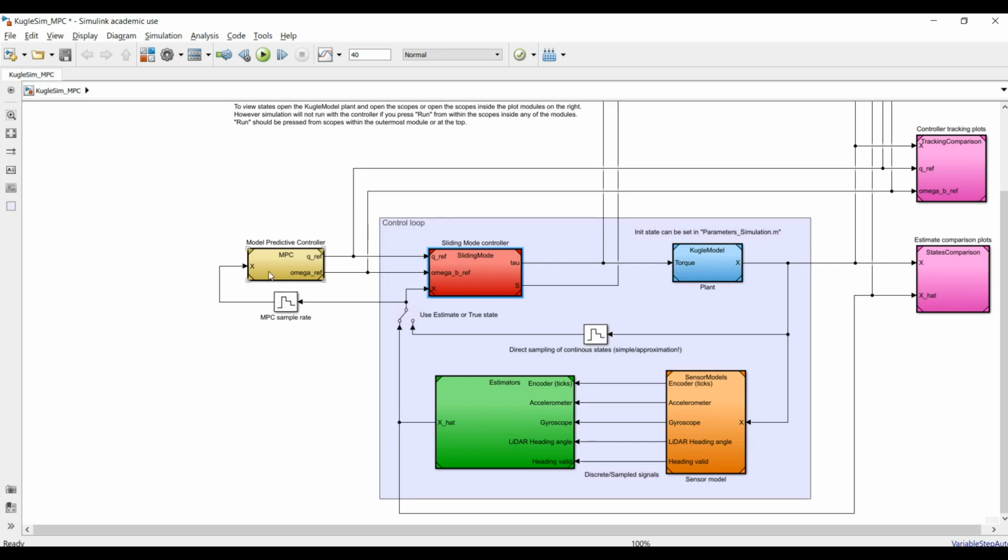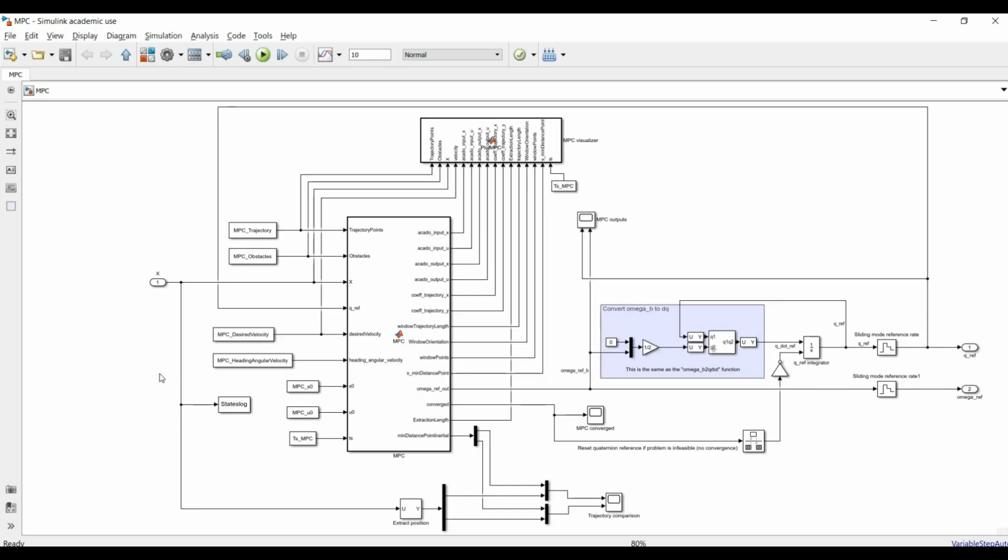The MPC block takes in the state vector and outputs these two references for the sliding mode controller, and it does so in a bit more advanced way. It's using the ACADO toolkit for running this model predictive controller.